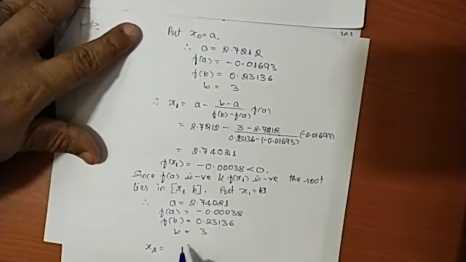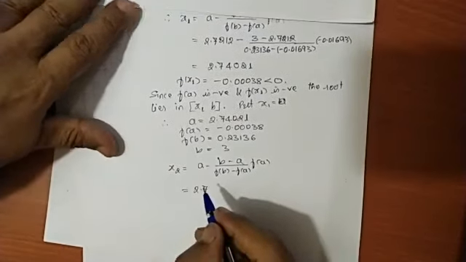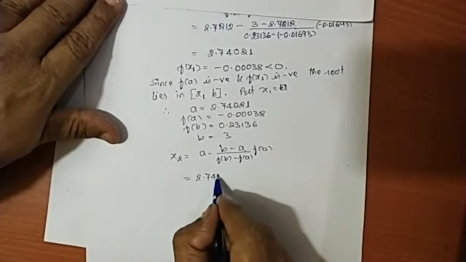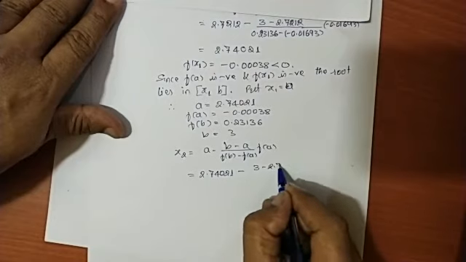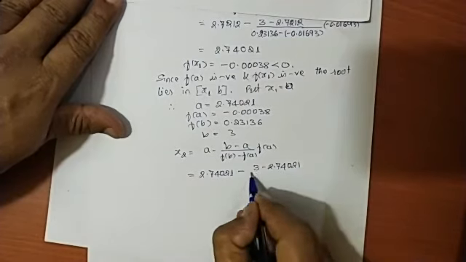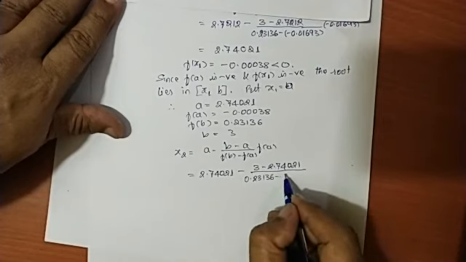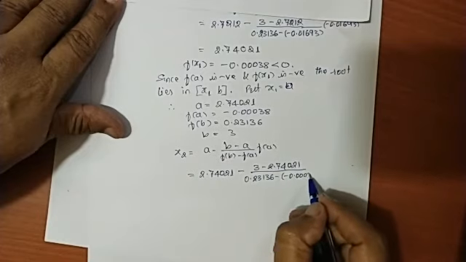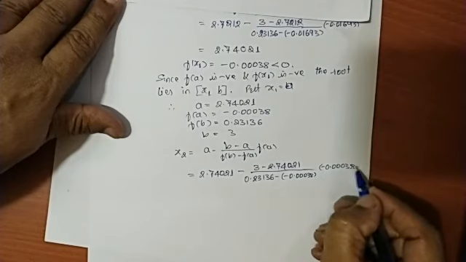So now again, what will be x2? x2 is equal to a minus (b minus a) divided by (f of b minus f of a) times f of a. So that is equal to 2.74021 minus (3 minus 2.74021) divided by (0.23136 minus of minus 0.3038) times minus 0.3038.